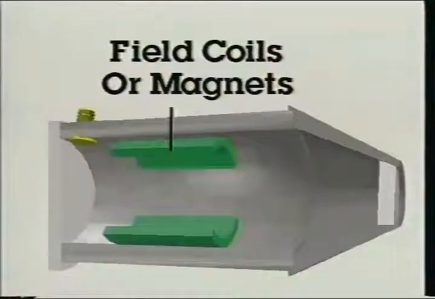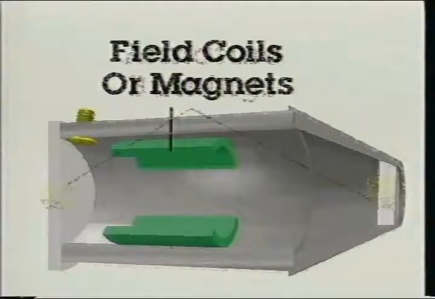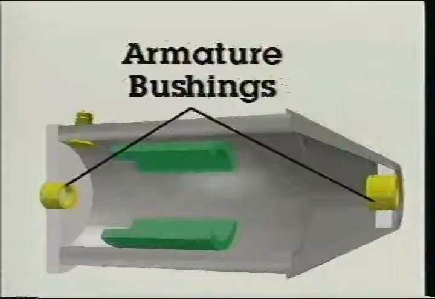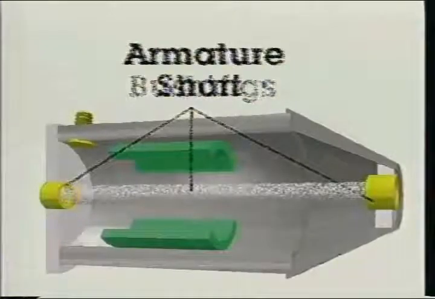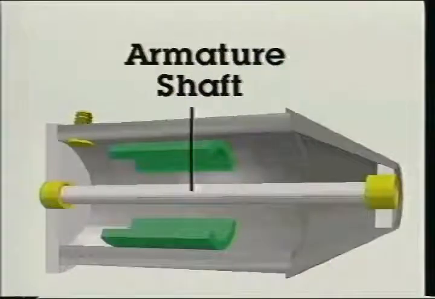Field coils, or permanent magnets, mount inside the center frame to produce a stationary magnetic field. Armature bushings fit in the drive and brush end frames. They are used to support and allow the armature shaft to spin freely inside the starting motor assembly.